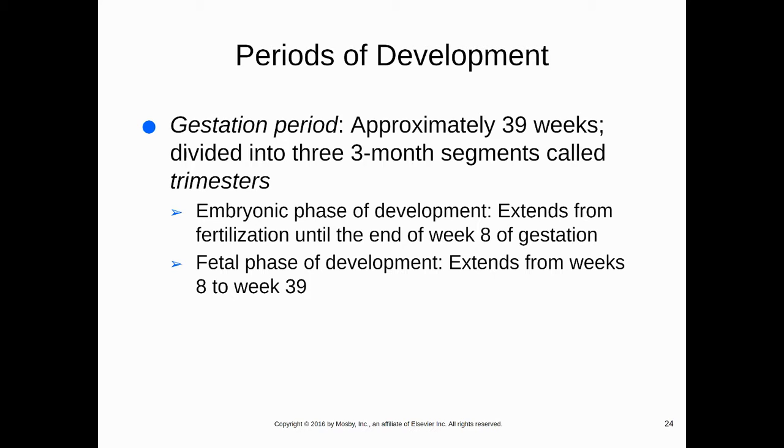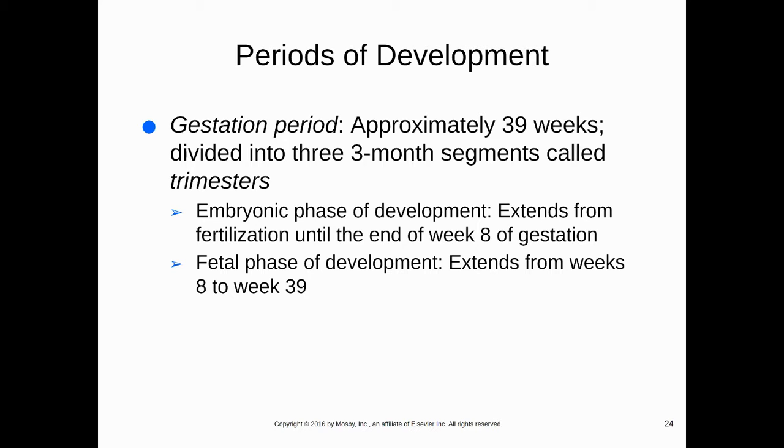Okay, so we've got some periods of development here. And we're going to talk about this first one here, and then we'll talk about the rest later. So the first period of development is going to be your gestational period. Again, this occurs during the 39 weeks that the baby should be in your belly, still developing.